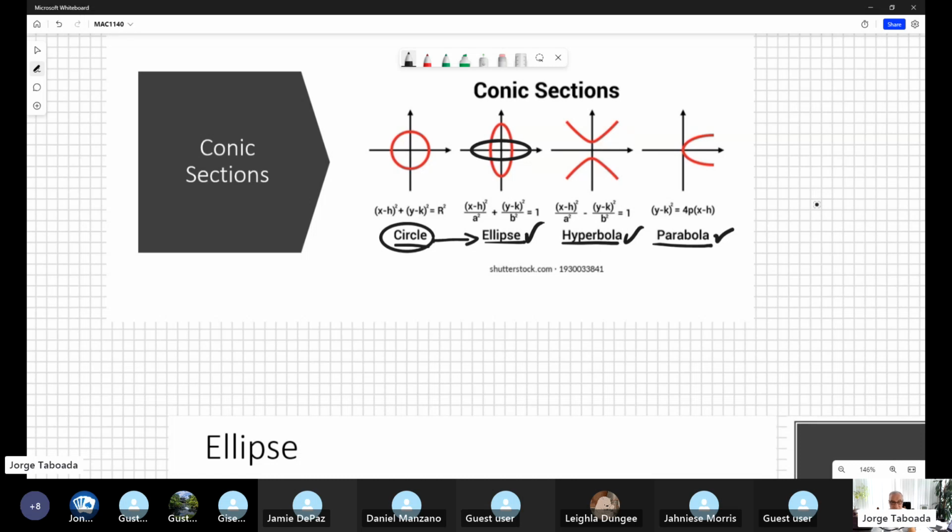Likewise happens with the parabola and hyperbola. For example, this parabola that you see now here is horizontal because it opens, in this case, to the right. Maybe open to the left, another parabola, or open upward or downward.